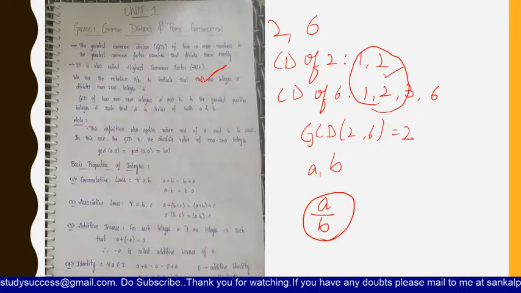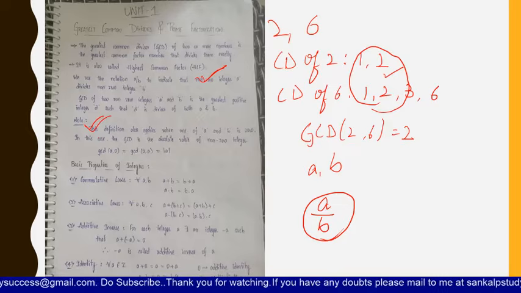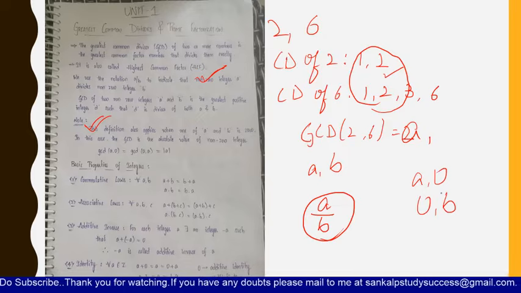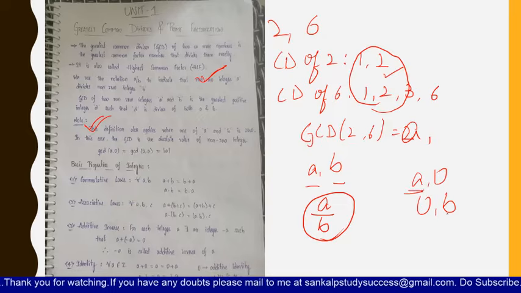Now coming to the note, which is very important one, when any one of the number is 0, that is a comma 0, or you can also consider 0 comma b. That means any one of these numbers is 0, then GCD will become the number itself.